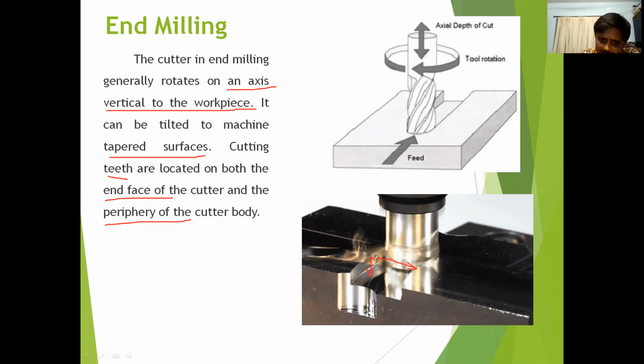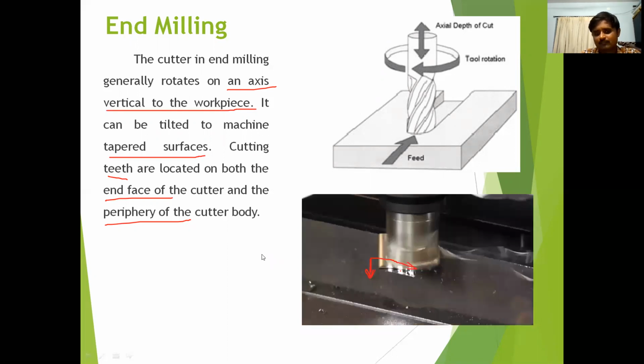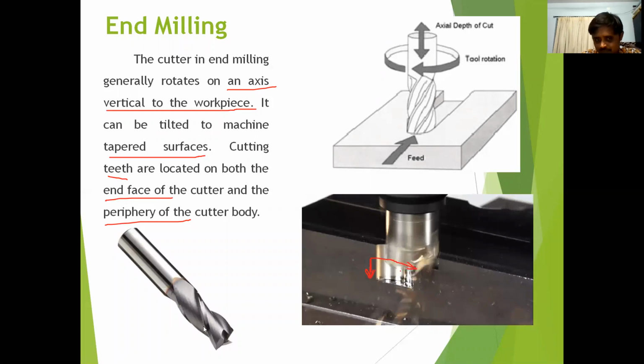The material is removed in this direction by using the cutting teeth which are located at the end face of the cutting tool. And the material is removed in this direction by the cutting teeth which are located on the periphery surface of the cutter.